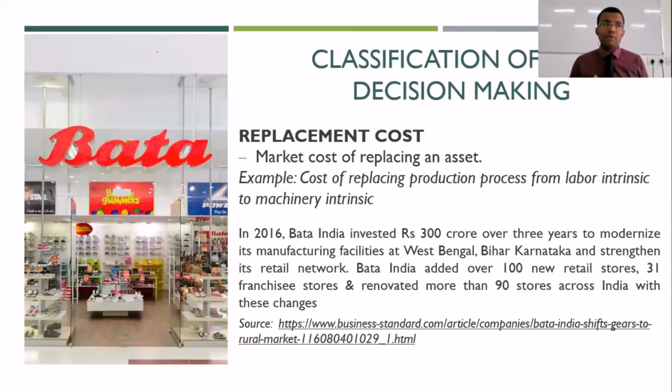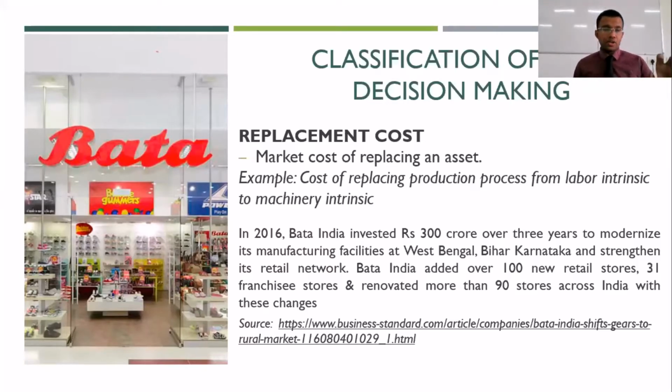human centric. A lot of their processes were labor centric. They decided to do away with all that, and switch over to a machine centric form of manufacturing. Eventually this benefited the company in the long run, because they were able to add new retail stores, start new franchisee stores, as a result of which their sales volume went up.